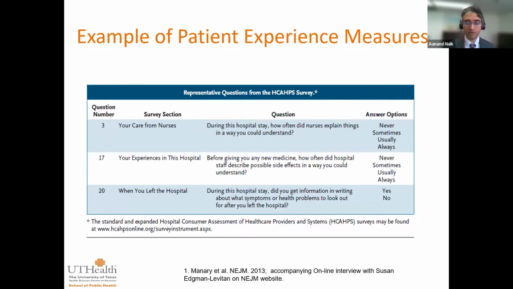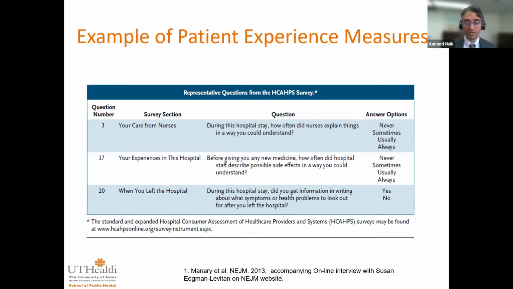So here are some very specific types of measures. This is in the HCAHPS measure. This is one of the patient experience measures that's being used even today. That's the Hospital Consumer Assessment of Healthcare Providers and Systems. And this is what CMS Medicare uses for rating the quality of hospital care or post-acute care. And it's really asking: during your hospital stay, how often did the nurses explain things in ways that you could understand?